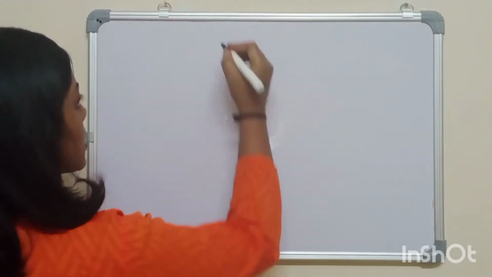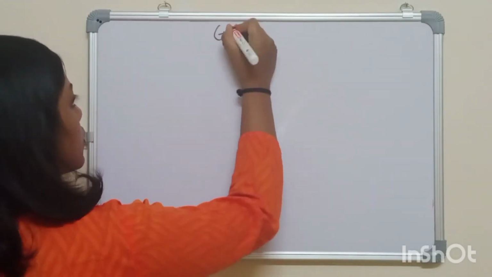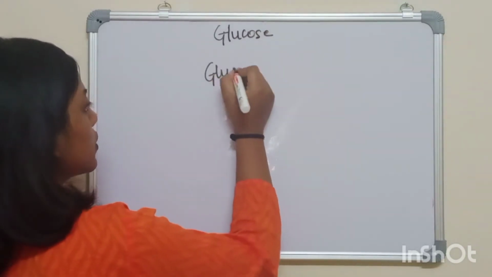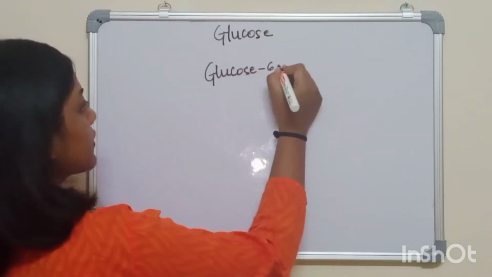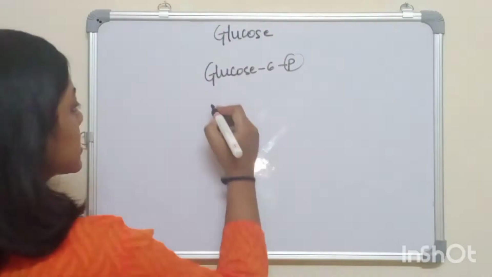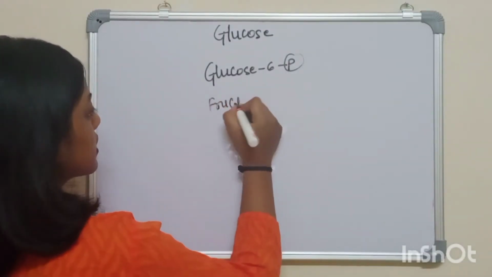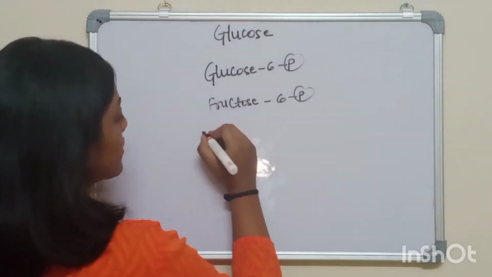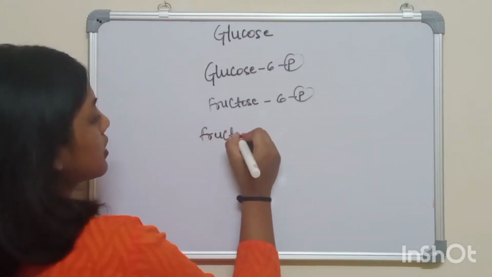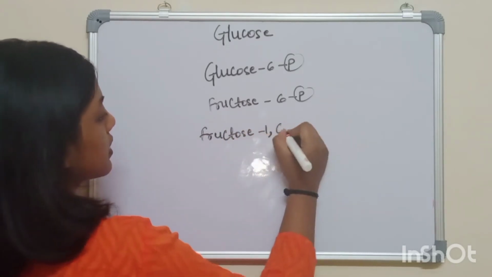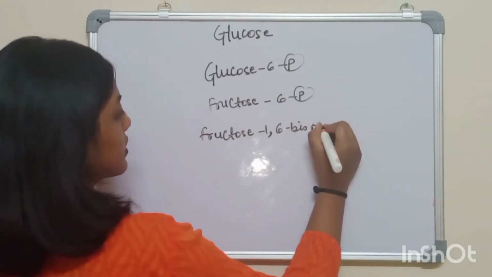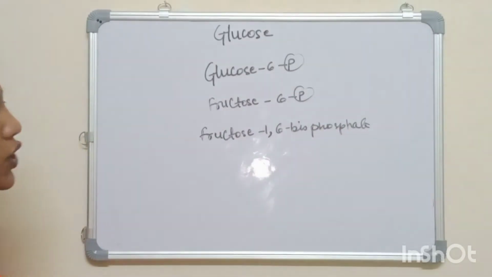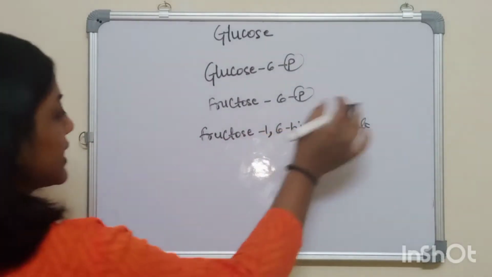This pathway starts with glucose. Glucose converts to glucose 6-phosphate. Glucose 6-phosphate converts to fructose 6-phosphate. Fructose 6-phosphate converts to fructose 1,6-bisphosphate. I have written this P as it is phosphate actually; I'm not writing it completely.